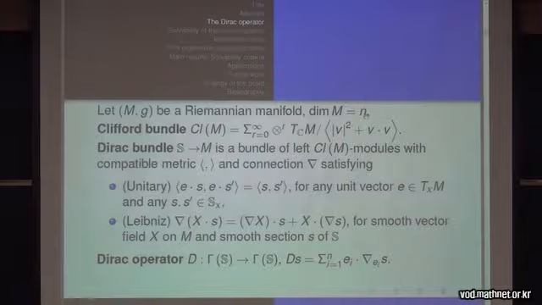A Dirac bundle is a vector bundle on which there is a natural Clifford left action satisfying these two conditions.